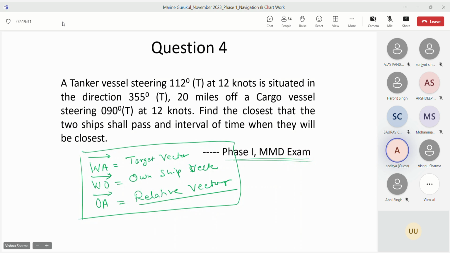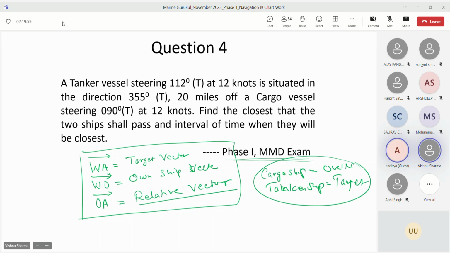The tanker is given with respect to cargo. So we'll make the cargo ship as own ship, and we'll make the tanker as target. Is that clear, beta? I have already explained why, right? Yes, sir.